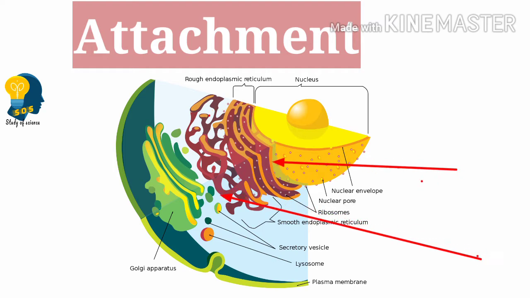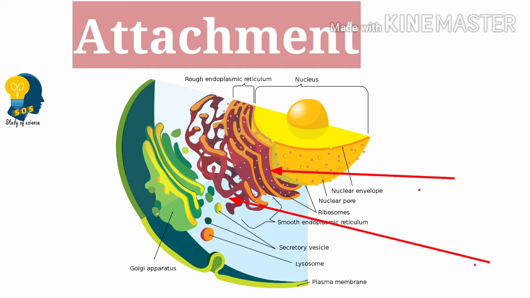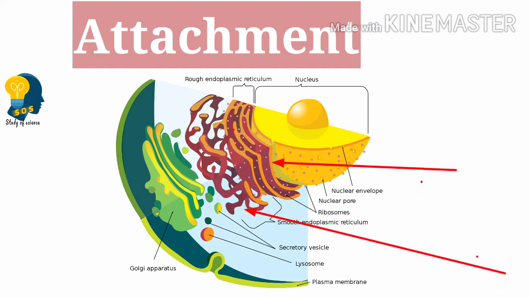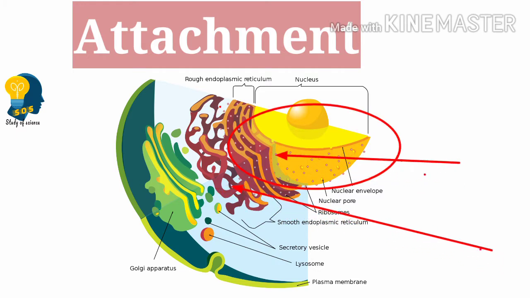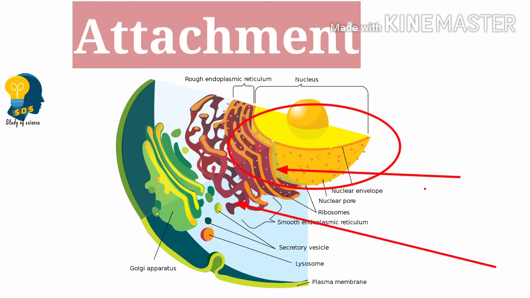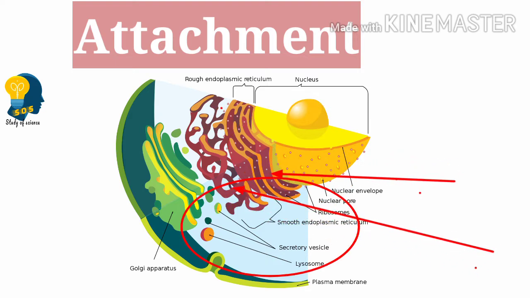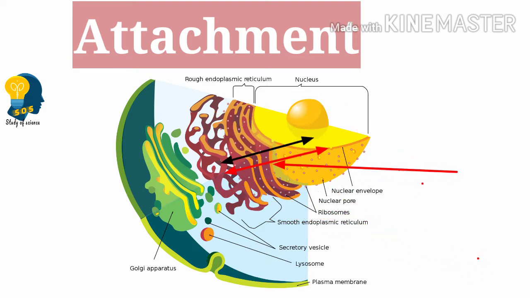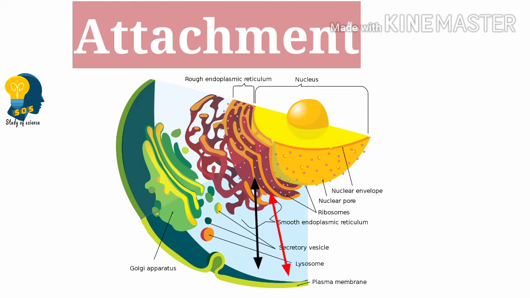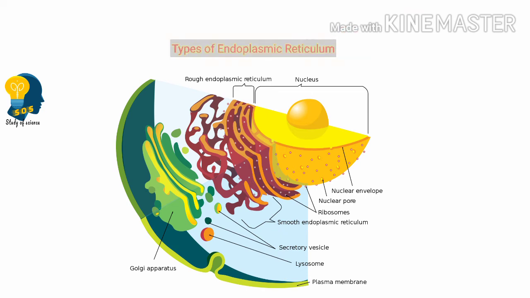The endoplasmic reticulum has two attachments: one towards the nuclear membrane, that is the nuclear envelope, and another towards the plasma membrane. Through one attachment it can shift things between the endoplasmic reticulum and the nucleus. Through the other side, it can shift things between the plasma membrane and the endoplasmic reticulum. Clear? Fine.